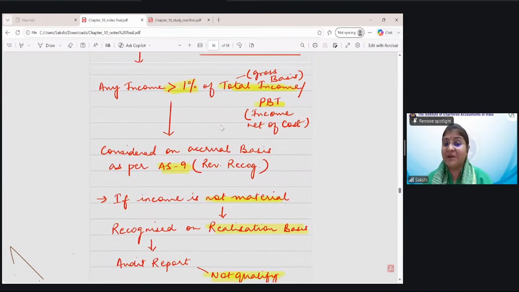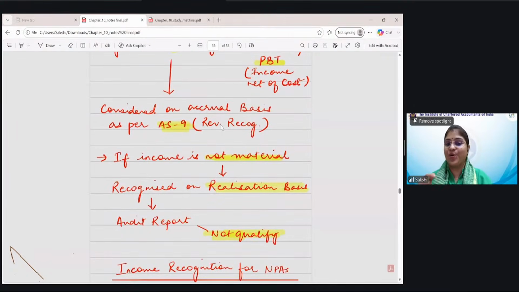But if income is not material, then you recognize it on realization basis. That does not mean that the auditor is going to qualify the report for this very reason.